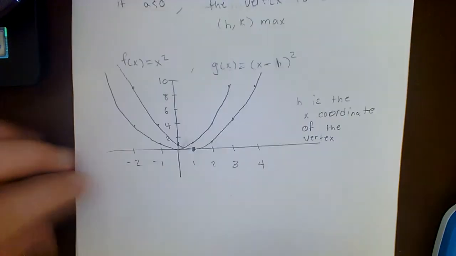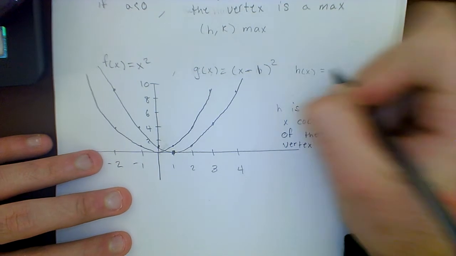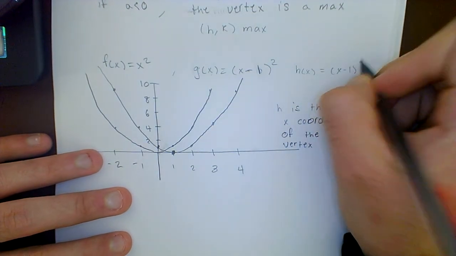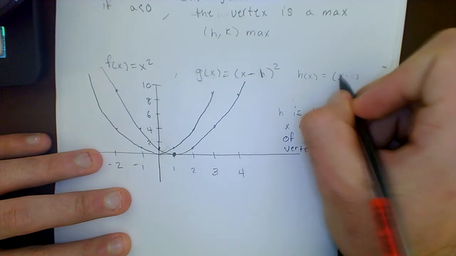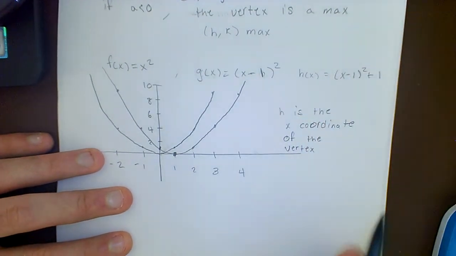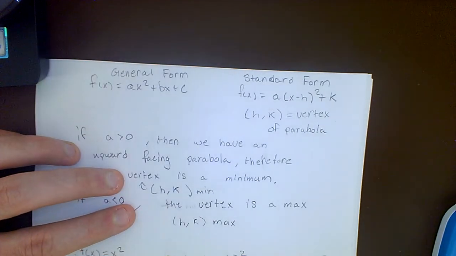Okay, so now I want to introduce one more function. Let's do h of x equals x minus 1 squared plus 1. So this would be the k in our standard form. In this equation, A is 1, h is 1, and k is 1.